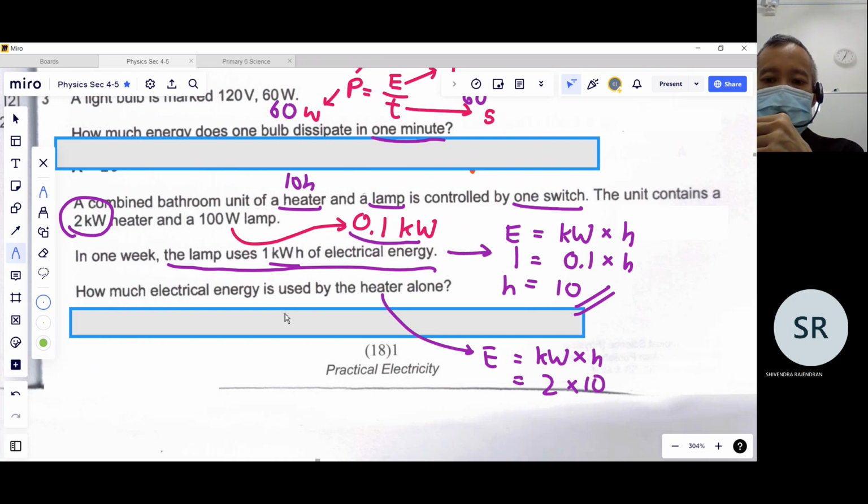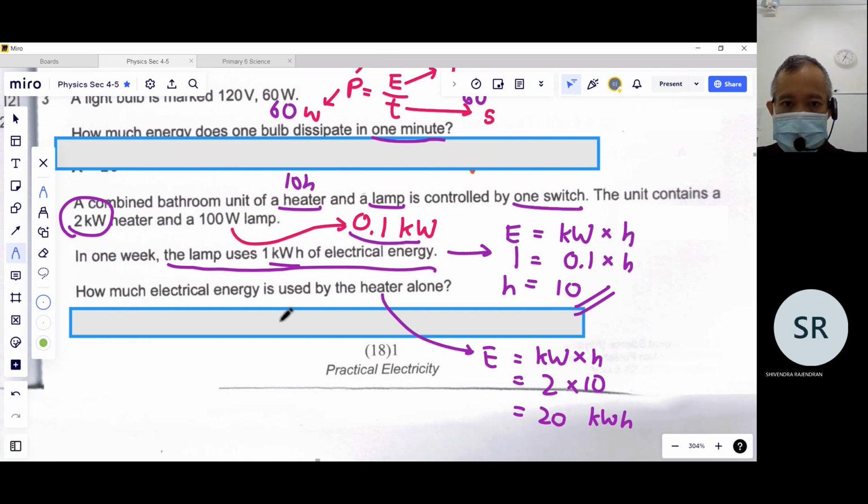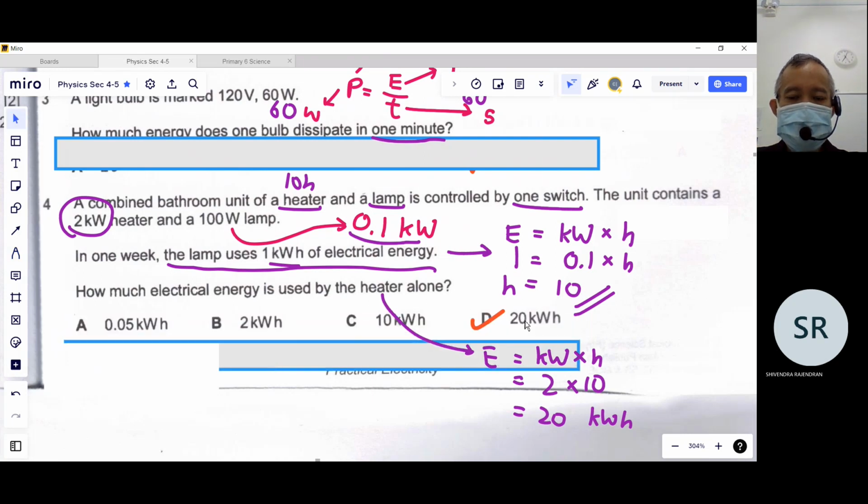So 2 times 10, therefore the energy is 20. But make sure your units are in kilowatt hour. As I said, this is not an SI unit. This is not joules. This is kilowatt hour. So we have the answer by now: D, 20 kilowatt hour.